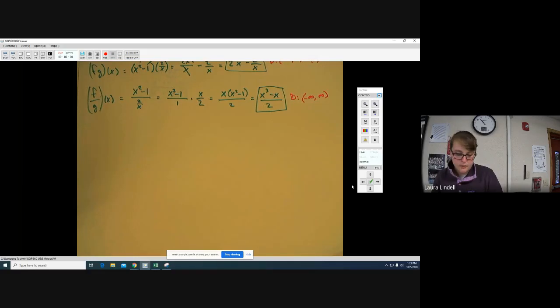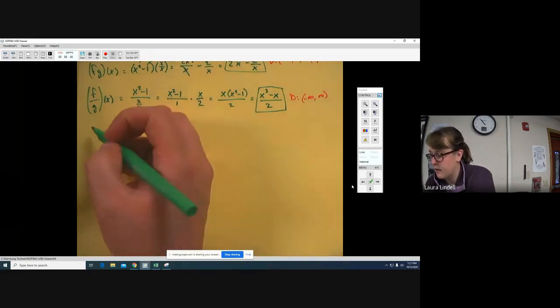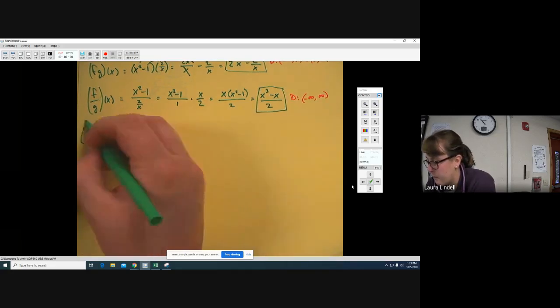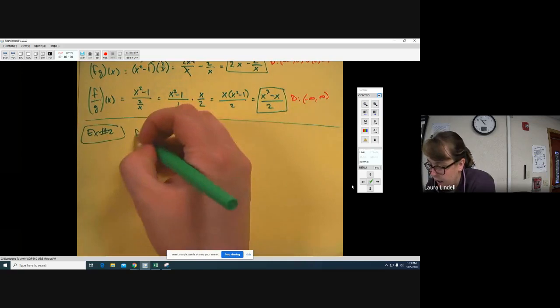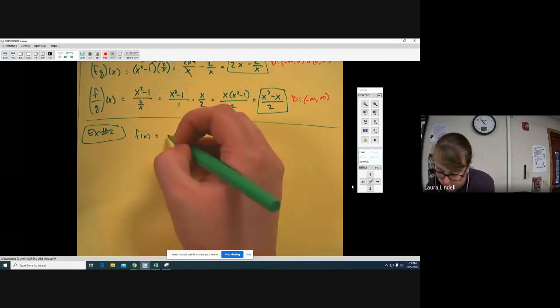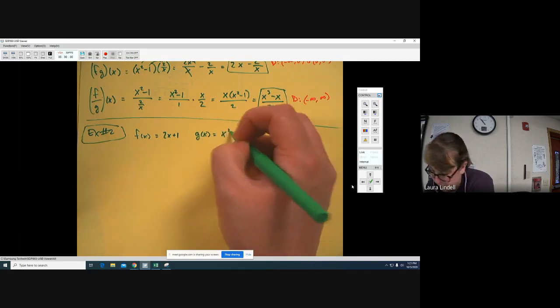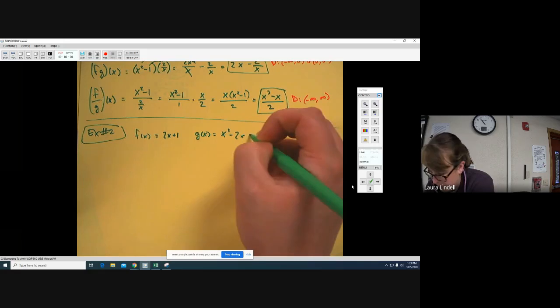So here we go. We're going to have two functions. So this is our next example. f of x is going to be 2x plus 1. g of x is going to be x squared minus 2x minus 4.